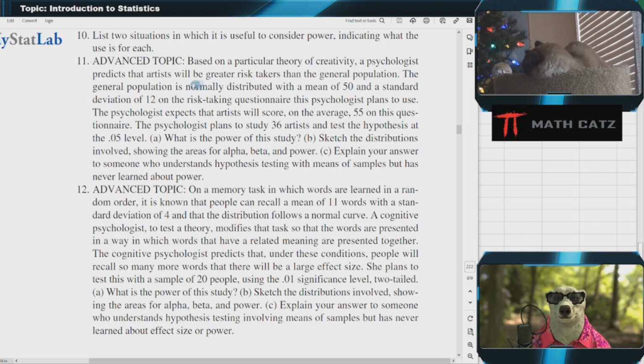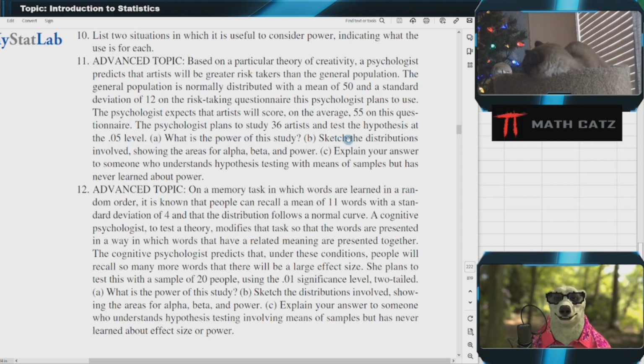Mean of 50, standard deviation of 12. Psychologist expects that artists will score on average 55 on this questionnaire. The psychologist plans to study 36 artists and test the hypothesis at the 0.05 level, so alpha is 0.05, 5%. What's the power of this study?